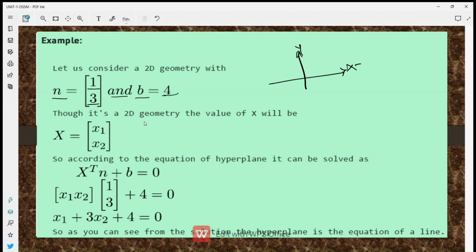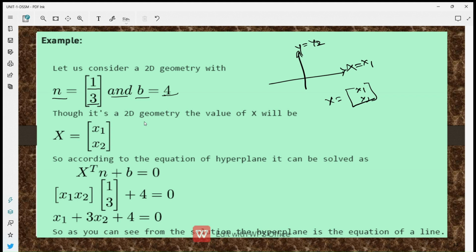So here I am assuming this x as x1 and this y as x2. So that's why I mentioned the vector like this: x equals x1 and x2.